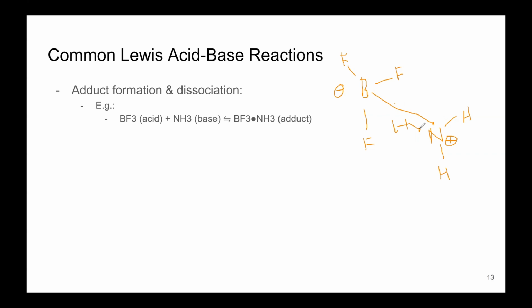So it has 1, 2, 3, and 4 electrons for nitrogen, and it used to have 5 before this dative bond formed. So the formal charge of this nitrogen is plus, because it used to have 5 electrons, now it has 4. So it's a plus charge.